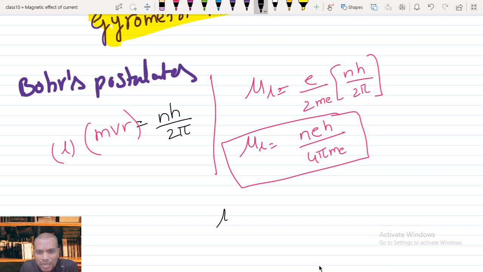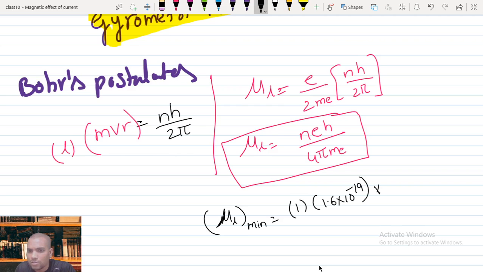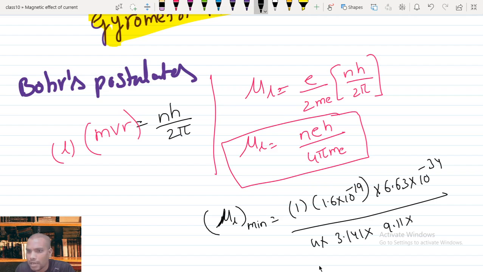Now what is the minimum value of the angular momentum? What is the least value of the orbital magnetic moment? If n equals 1, the charge of the electron equals 1.6 times 10 power minus 19, Planck's constant 6.63 times 10 power negative 34, upon 4 pi with pi 3.141, and the mass of an electron 9.11 times 10 power minus 31.